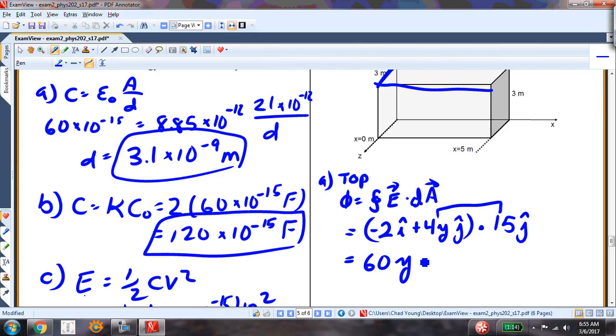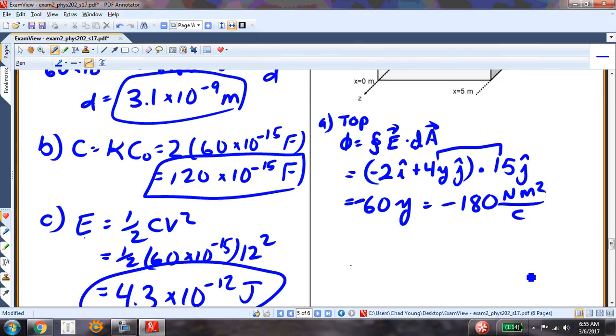The i dot j is equal to 0. Actually, it gives me negative 60y. So that is equal to negative 180 because y is equal to 3. That's in newton meters squared per coulomb. It's a unit for flux. Newtons per coulomb, remember, is electric field times meter squared.